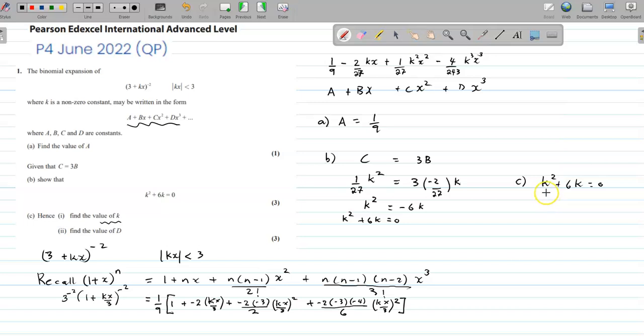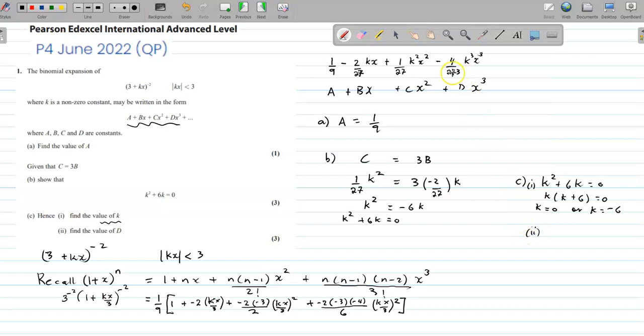So here we can factor out k, so we have k times (k plus 6) equals 0. So there are two values for k: k equals 0 or k equals minus 6. Now find the value of d. So that's part 1 of c, and this is part 2.